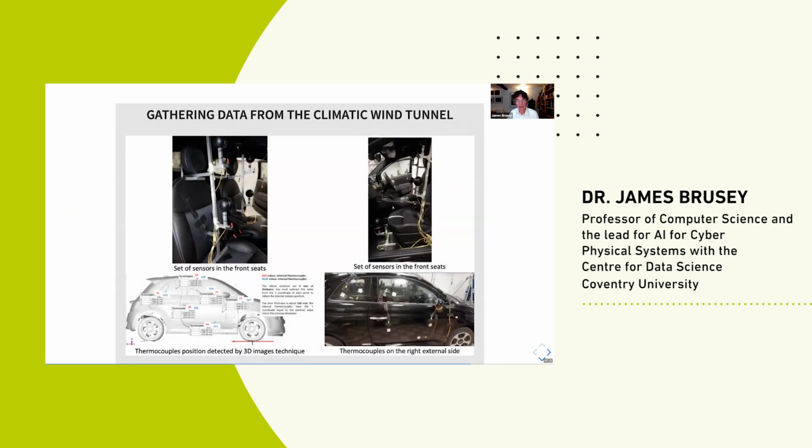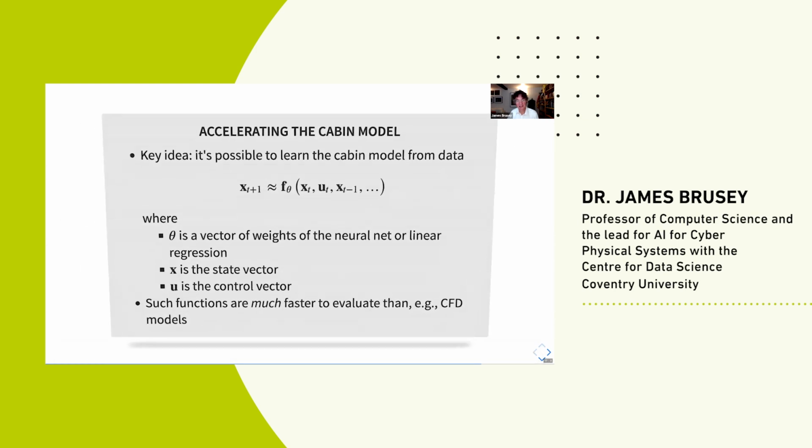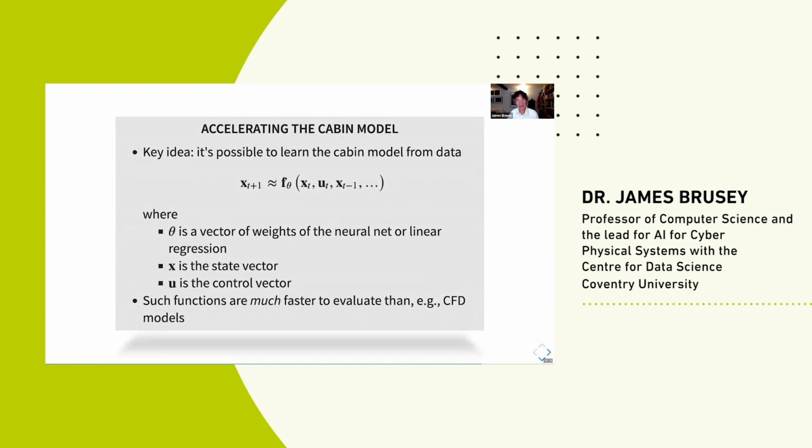So what we did was we gathered data, and we had sensors in the seat. The sensors you can see are a combination of thermocouples and black bulb sensors. We also had air velocity sensors. And then we found a nice way to accelerate, essentially by learning the cabin model from data. And again, I'm just going to gloss over the detail here, but I think it's a nice idea.